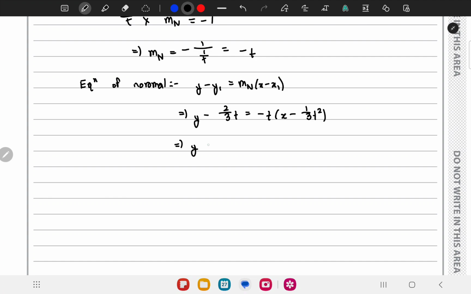So y minus 2 by 3t would be minus tx plus 1 by 3t cube.